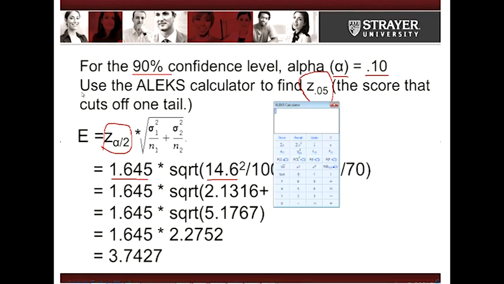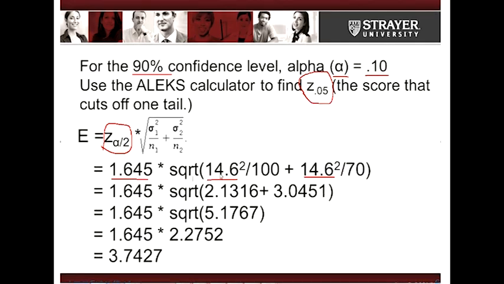On the calculator, you can go to the z and just plug in 0.05, and that gives us 1.6448, which is 1.645. I know that that's very small for you, but here on the ALEKS calculator, you can see it.